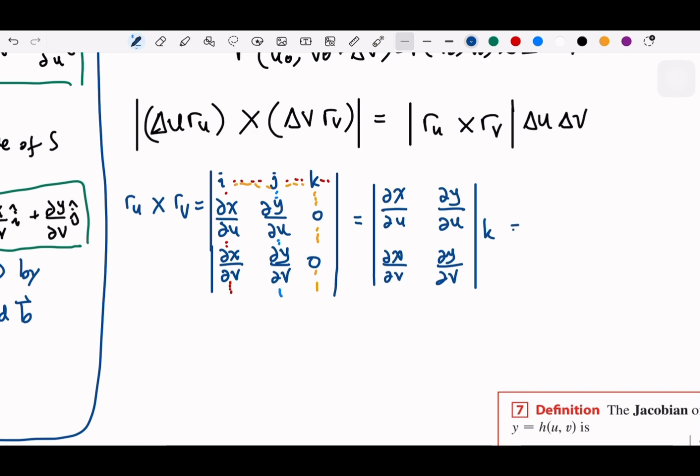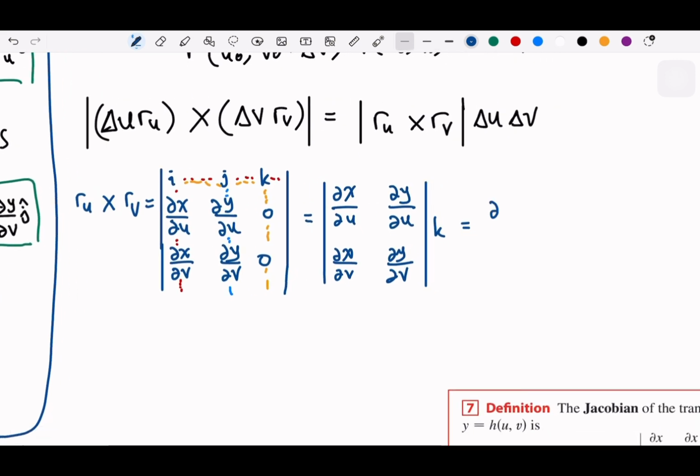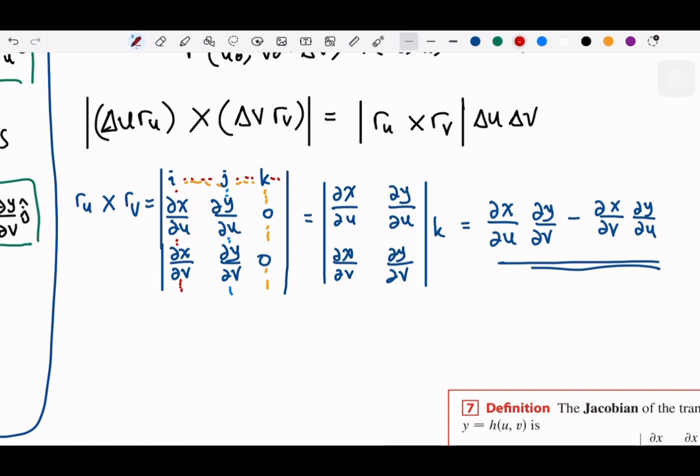Or if we want to maybe write in the final terms, this will be the result. So this is what the Jacobian transformations are, okay? This part, or perhaps here also.